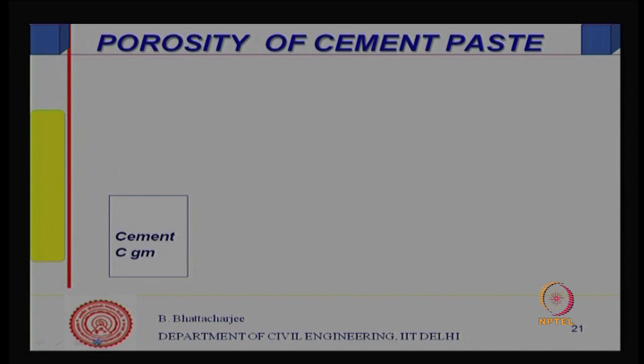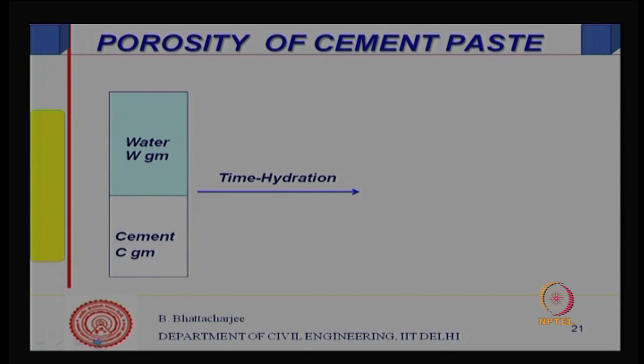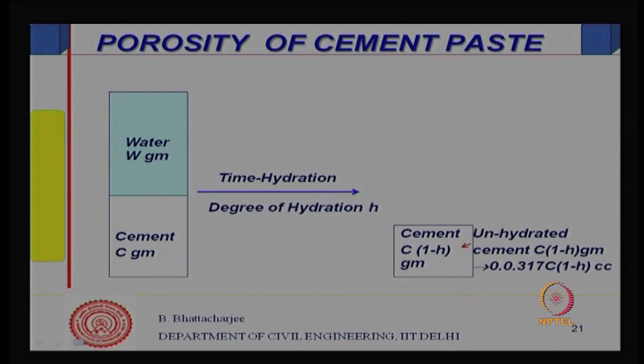Schematically, we have cement C grams and water W grams. After some time, let us say hydration has occurred with degree of hydration H. Now, unhydrated cement remaining is C into (1 minus H) grams, and its volume is approximately 0.32 C (1 minus H) cc. This is the unhydrated volume.